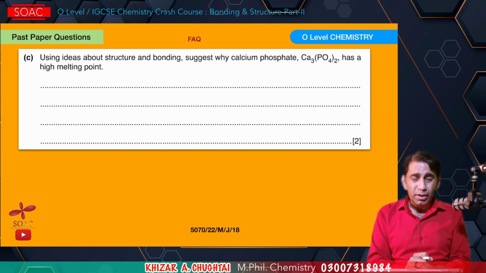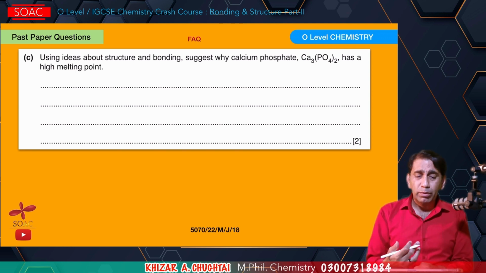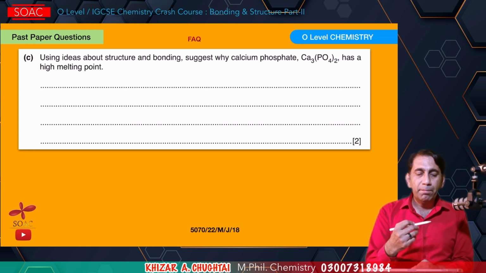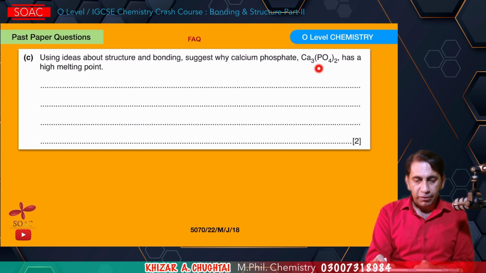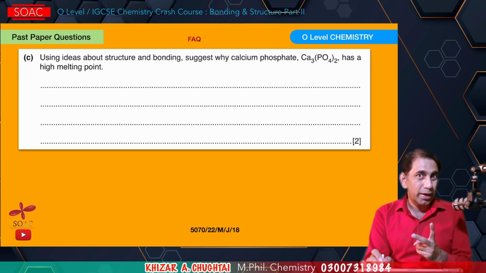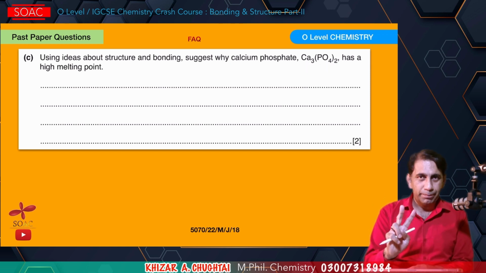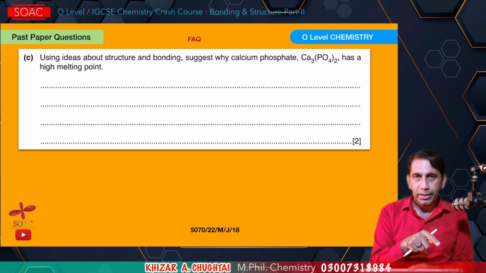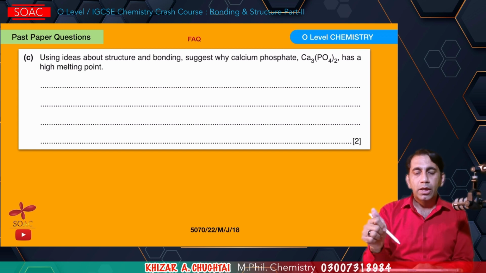Next one. Use ideas about structure and bonding to suggest why calcium phosphate, Ca3(PO4)2, which is again an ionic compound, has a high melting point. Once again, I'm going to concentrate on the nature of the compound. It is an ionic compound. As you know, there are two types of compounds: ionic and covalent.